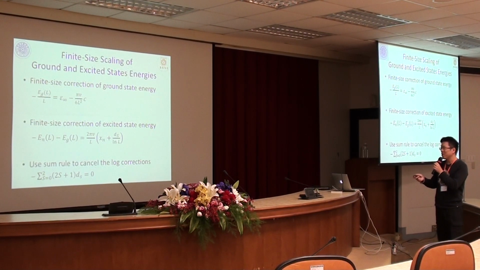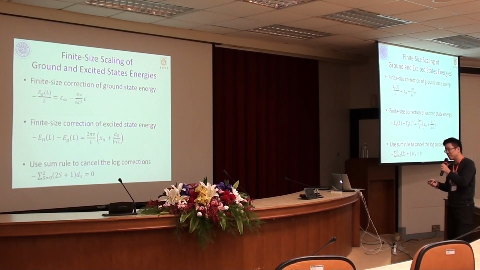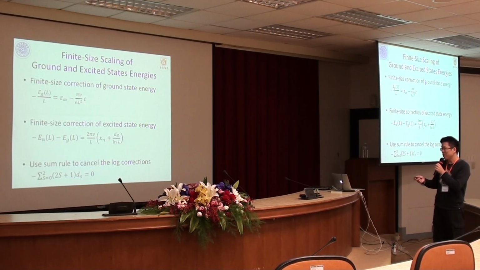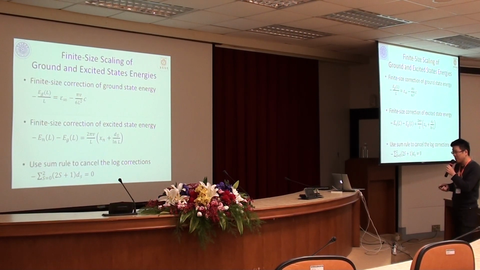But there will be this log correction somehow, which will be there because our system only has SU(2) symmetry. But we can use some rule to, at least to the leading order, cancel this log correction, so that we can still see a pretty good 1/L scaling for the scaling dimension.